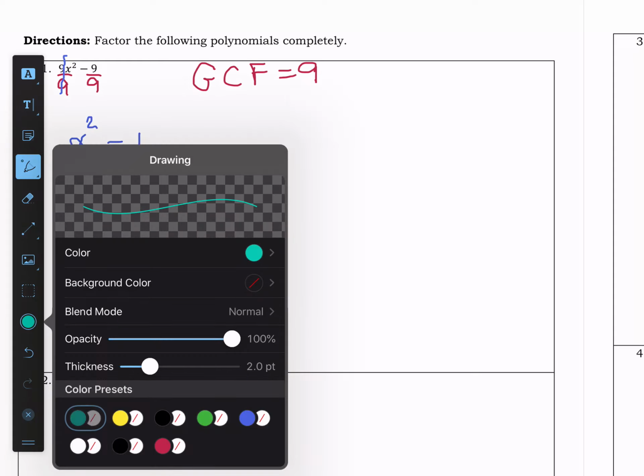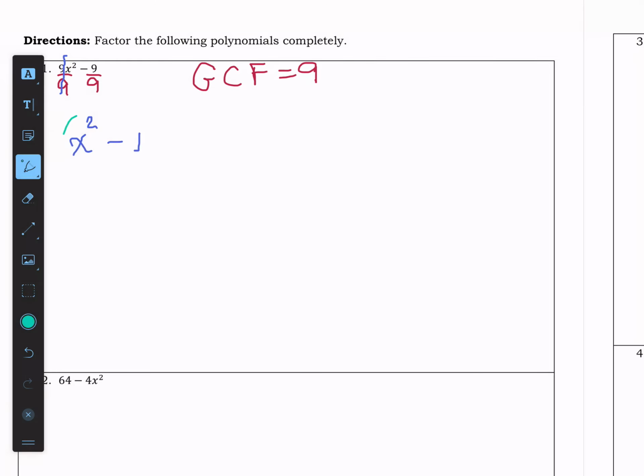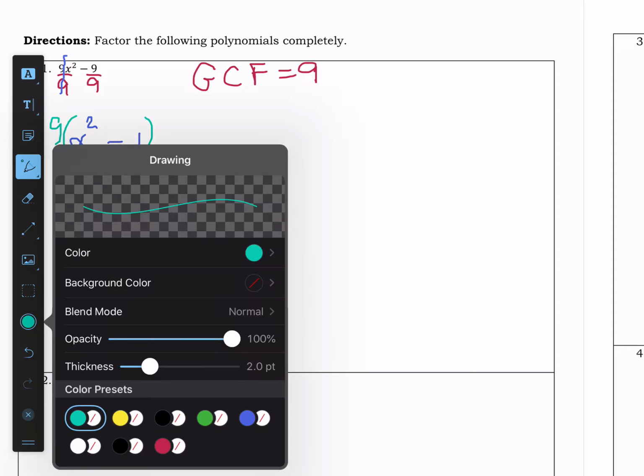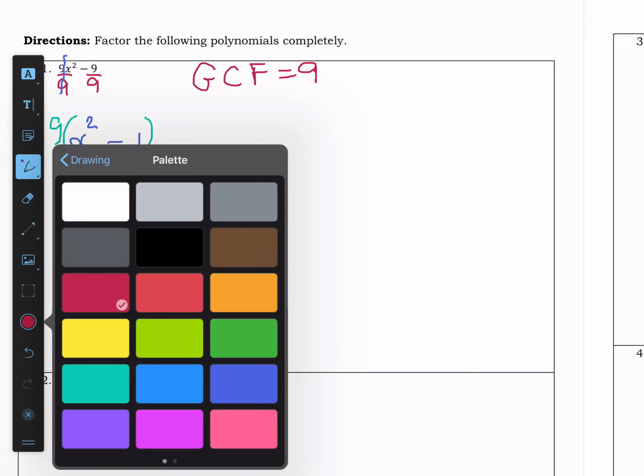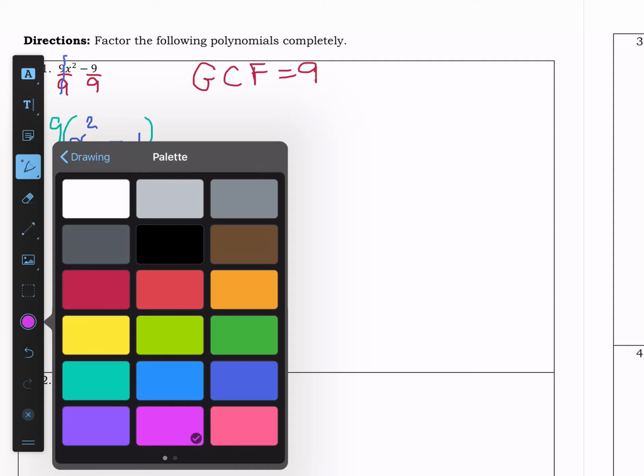And remember that the 9 did not just disappear, it just stepped outside, okay? So it's still there. All right, now let's look at what we have on the inside, and let's see if we can figure out if we can factor this even further.